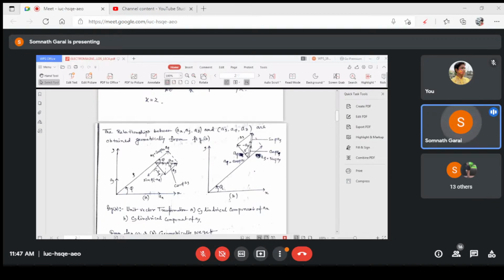According to our geometrical hypothesis, this angle and this angle are the same. What is the name of this angle? You studied it in class 7 or 8.